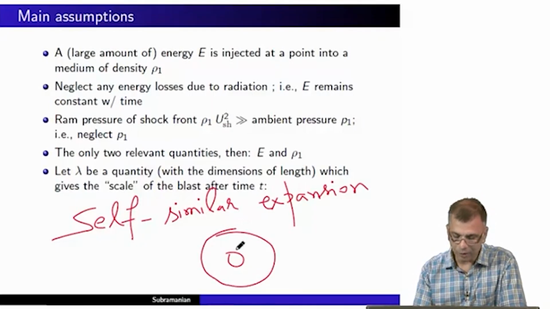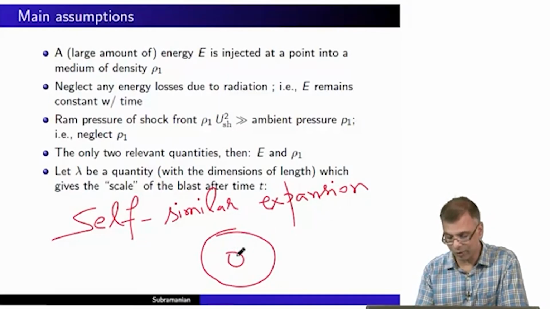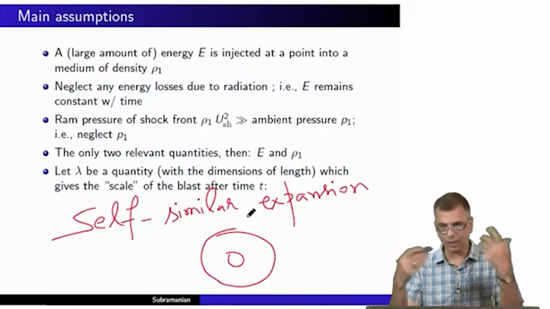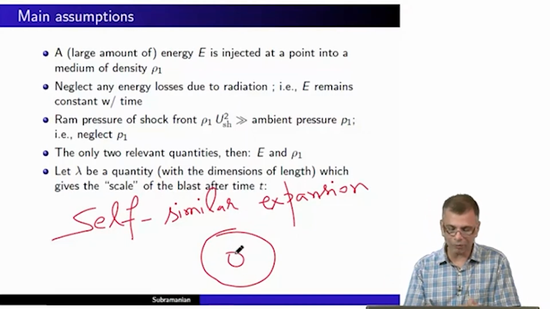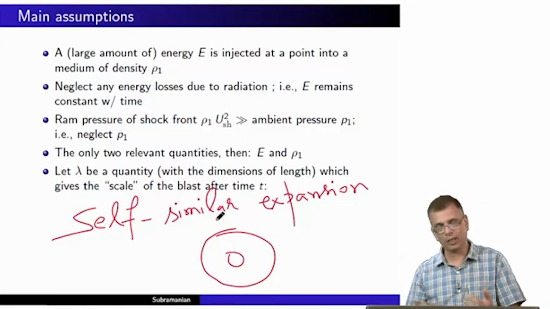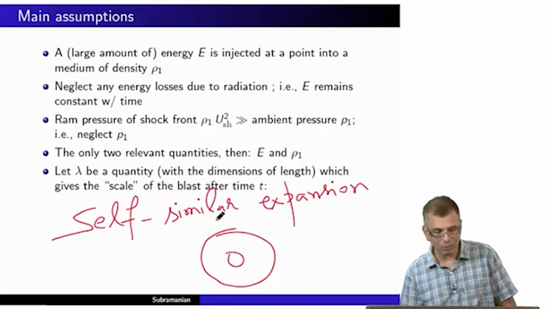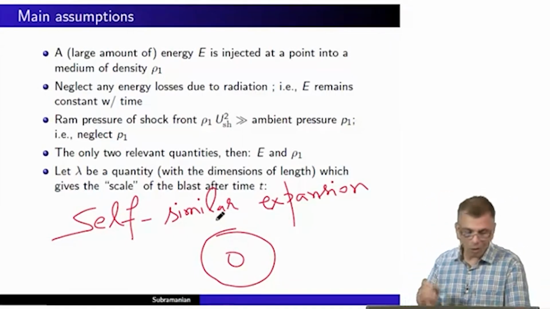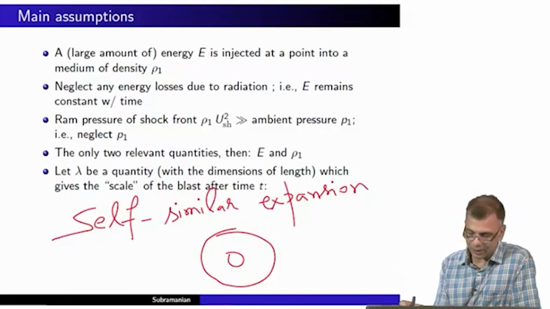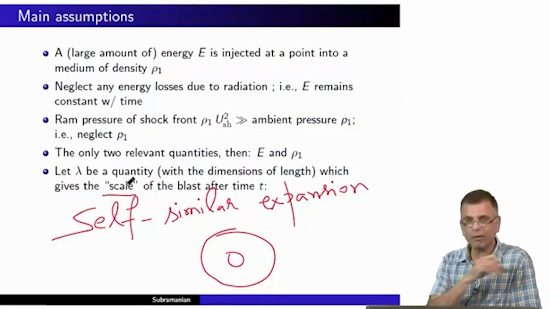It's as if the shape remains the same with time. It's simply an enlarged version of what it used to be at an earlier time. So all that matters is really the scale of the blast, some kind of a multiplying factor.